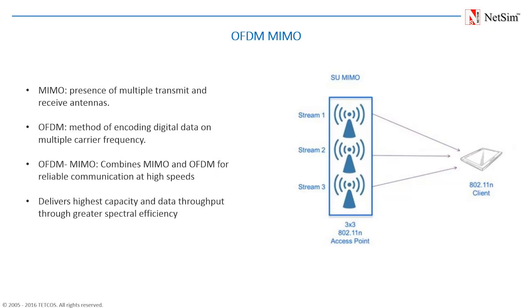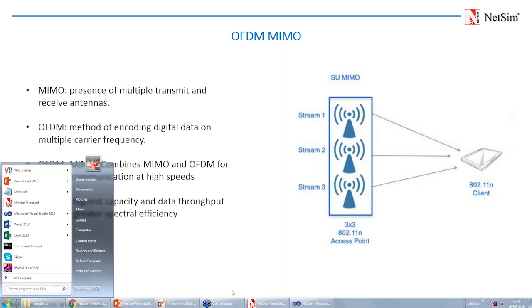OFDM is a method of encoding digital data on multiple carrier frequencies. A large number of closely spaced orthogonal subcarrier signals are used to carry the data on several parallel data streams or channels. Each subcarrier is modulated with a conventional modulation scheme such as QAM or PSK.